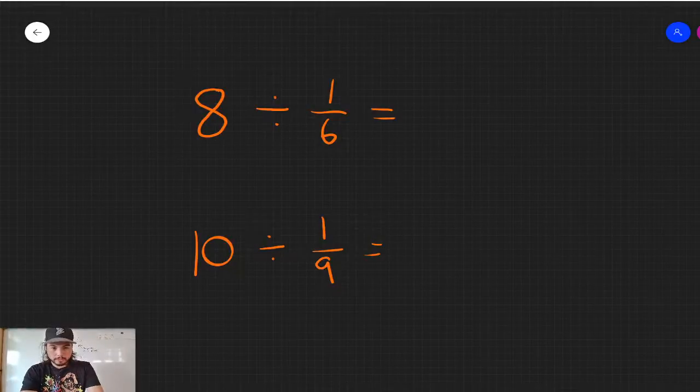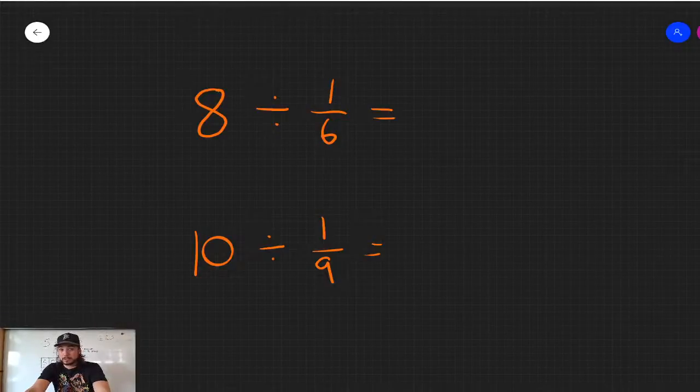Try those quickly. I'm seeing we're caught up in the chat. Yes, n does equal 25 in that last case. What about these ones? 8 divided by 1/6. If 8 is 1/6 of a group, how much is the whole thing? 10 divided by 1/9.